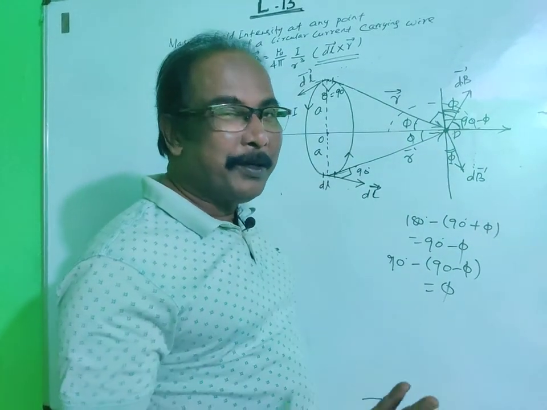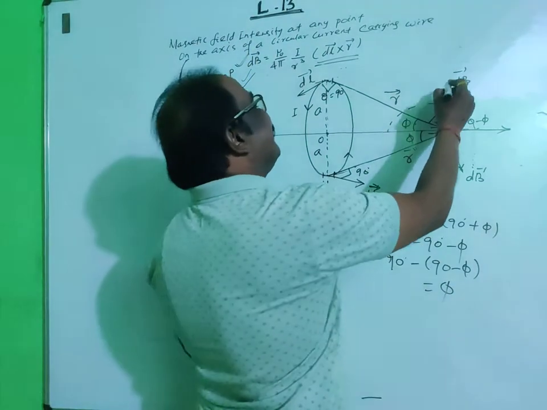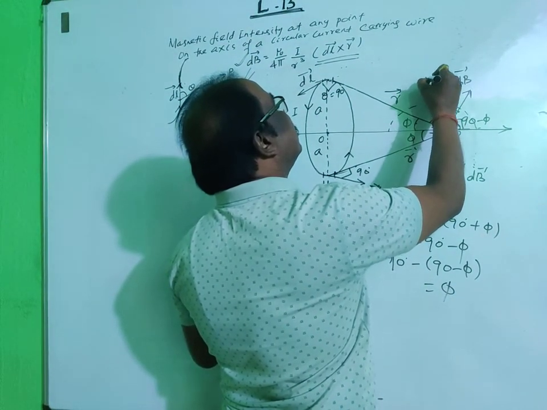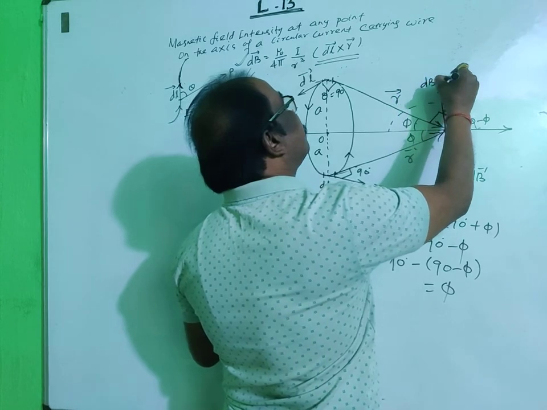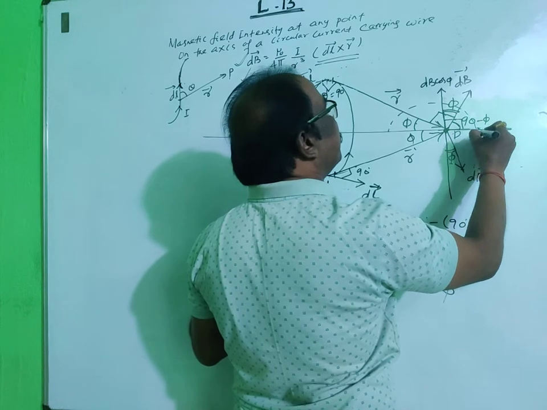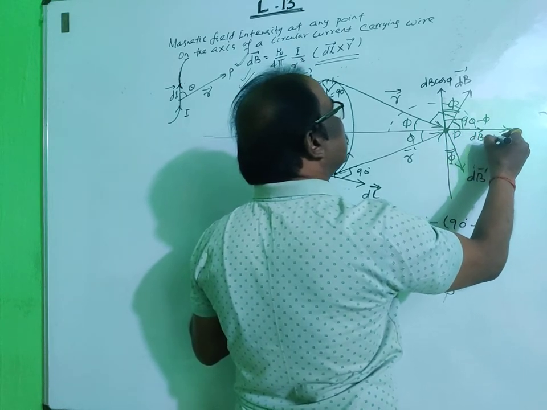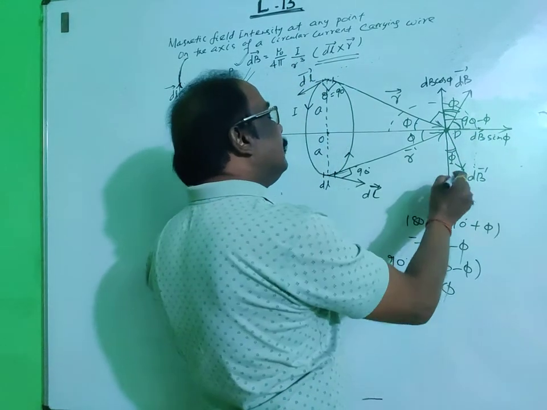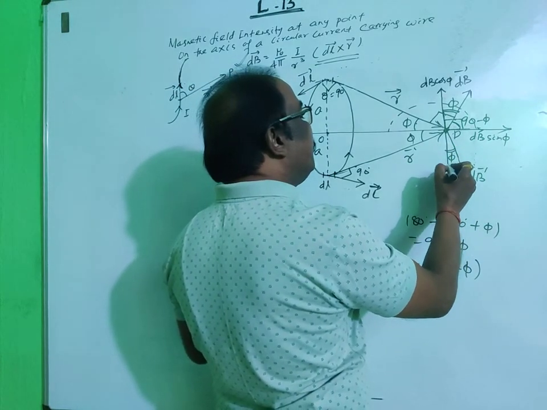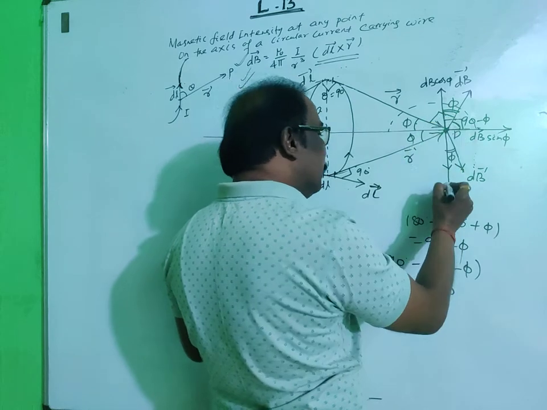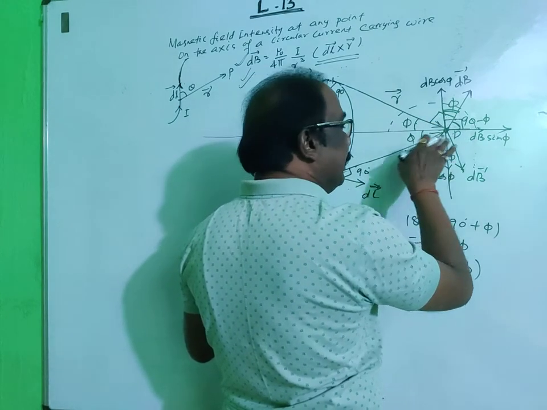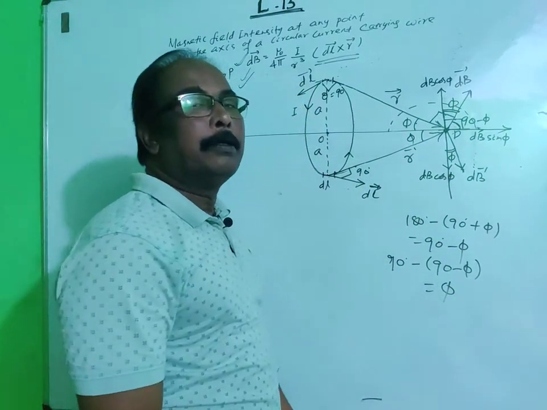Now the resolution of vector dB. The component of dB along this direction is dB cos phi, and along this direction it is dB sin phi. In a similar way, the component of dB along this direction is dB cos phi, and again along this direction is dB sin phi.